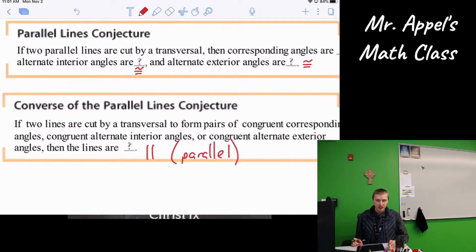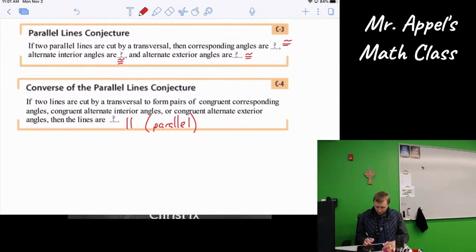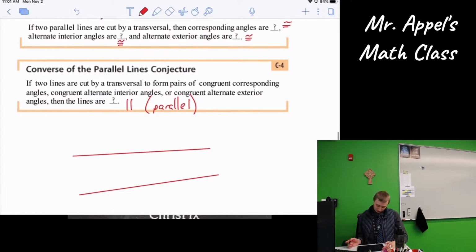You can use the symbol there or write out the word. So let's say you're looking at some lines here. The drawing is not quite clear. I can't really tell.